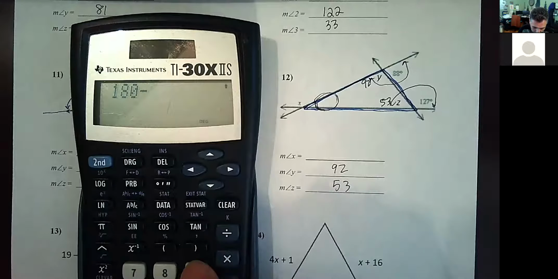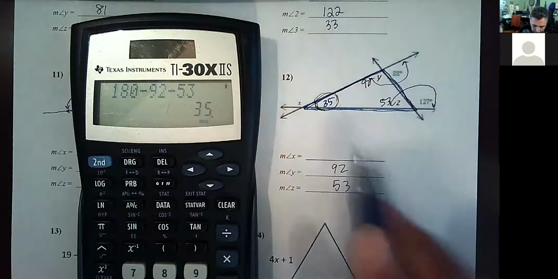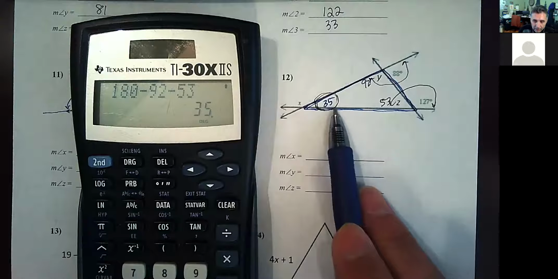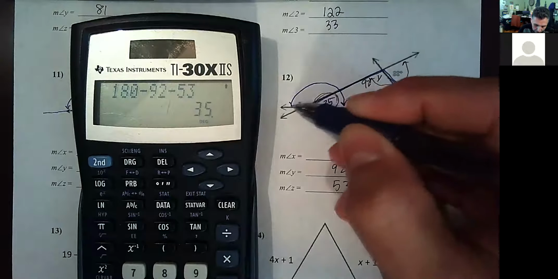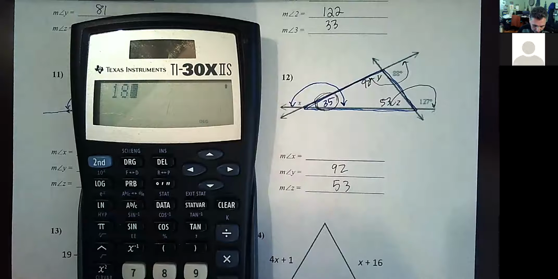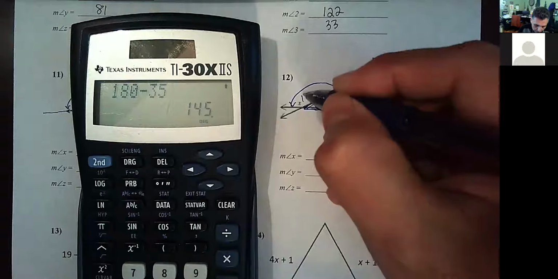If you take out the two you know, you'll be left with the inside one, or the one that's missing. And now that I figured out that this one's 35, guess what? Those two make a linear pair. 180 minus 35, and that's the value of x. 145.